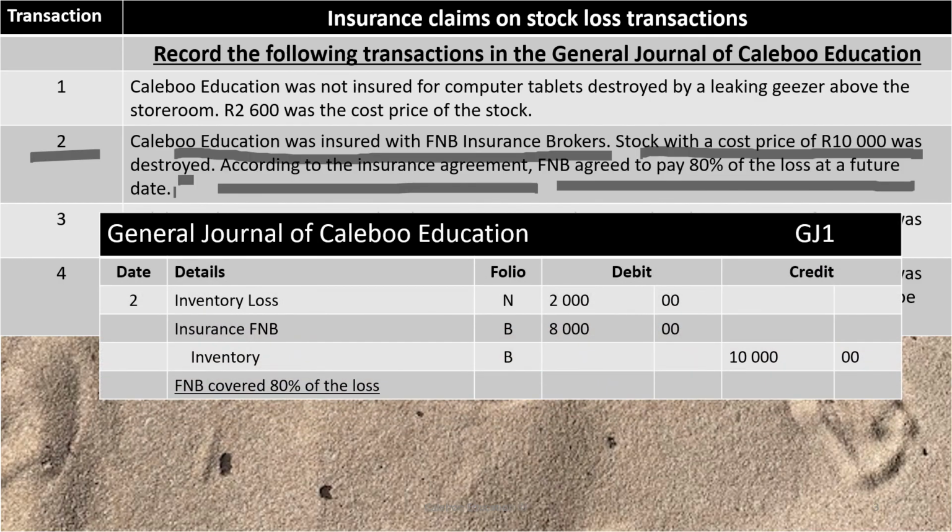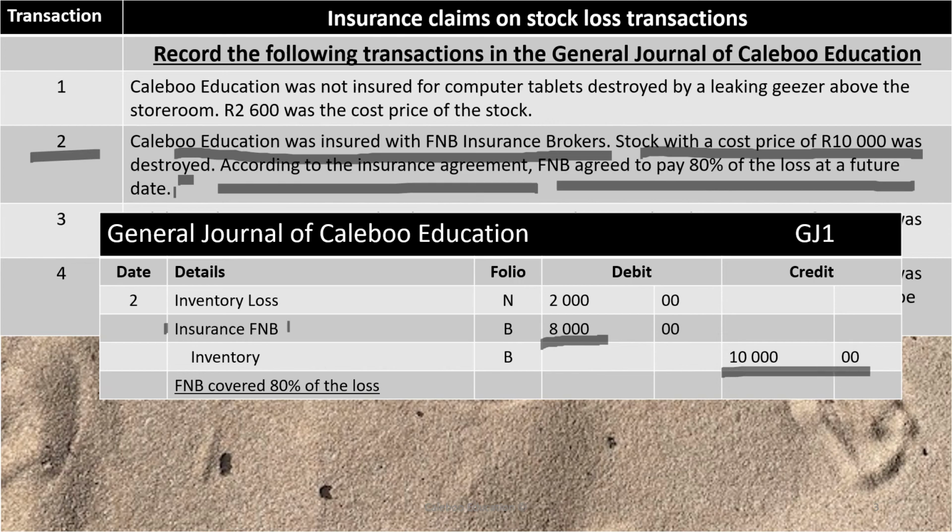And if we look at the accounts that were debited and credited, FNB insurance is debited. They haven't paid us yet, so it's similar to accounts receivable, and they're going to pay us at a future date 80%.